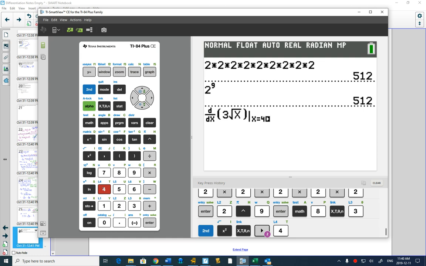We already figured this out to be 3/4. So if I push enter, it should be 0.75. And it's 0.75, 0.00006. We have just proven that we are a little bit smarter than our calculator. Because the actual answer is exactly 0.75. But what your calculator does is it does a bunch of math over and over. It kind of guesses and checks, and it knows an algorithm to get closer and closer and closer.